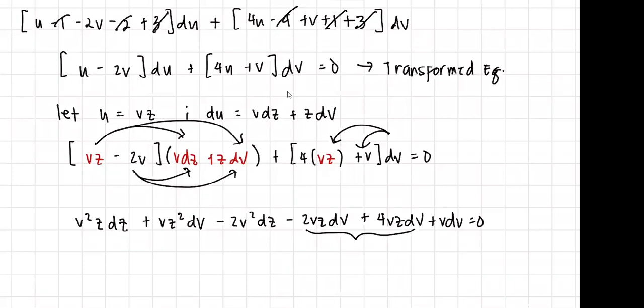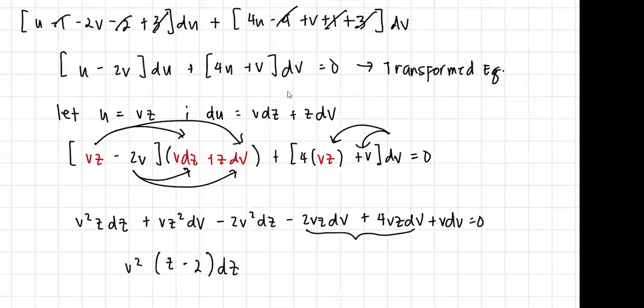Okay. So factor out dz: v squared times z minus 2 dz.